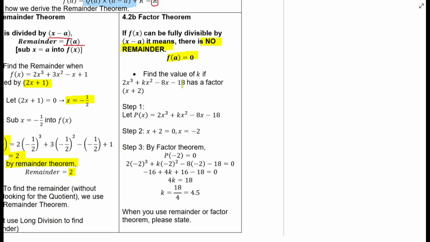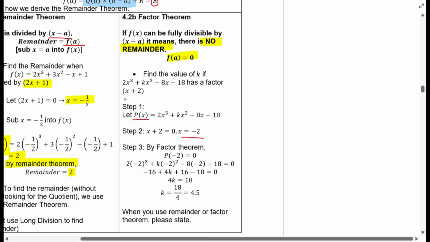So now going to an example, find the value of k if this polynomial has a factor of x plus 2. So first step, you have to let your polynomial or your equation be equal to p(x). Step 2, you let your factor equate to 0 and then find x. So you shift the 2 over, you'll get x equals to minus 2.